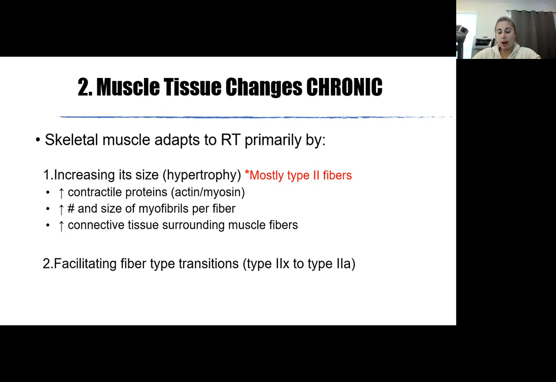A few more reps rather than 2 reps and that's it. So that's where type 2A, that's kind of the ideal of what you want, right? You might think, yeah, type 2X, you can produce the most force with them, but they fatigue really easily, which is not going to be beneficial, because then you'll do 1 rep and be tired. So it's a good thing to have the type 2A fibers, okay?